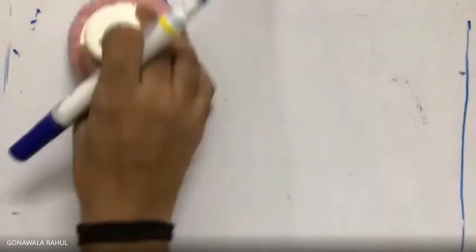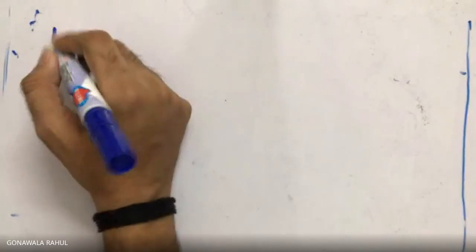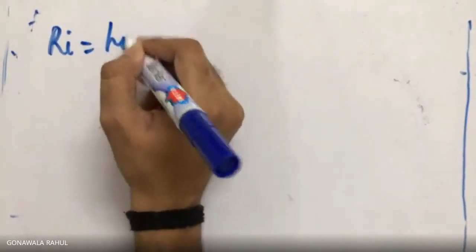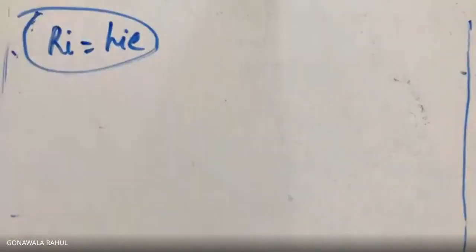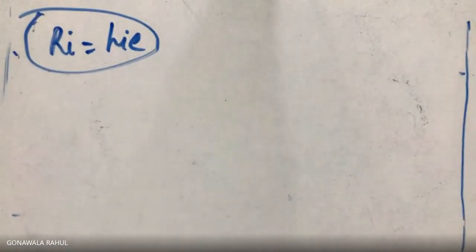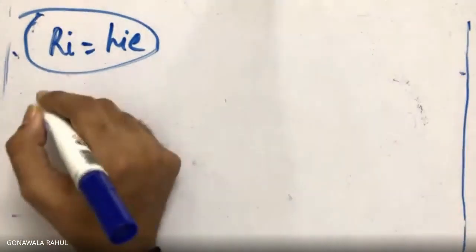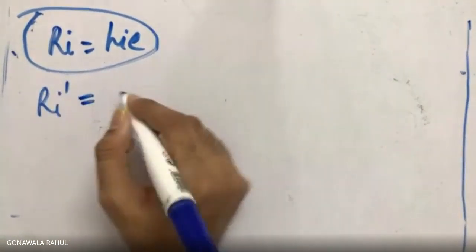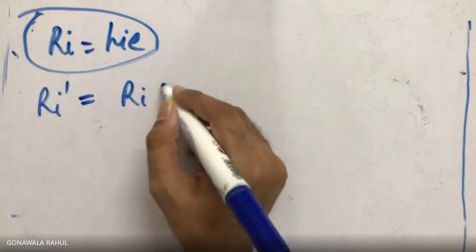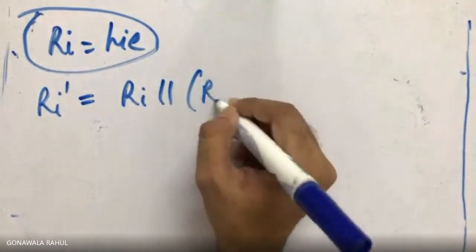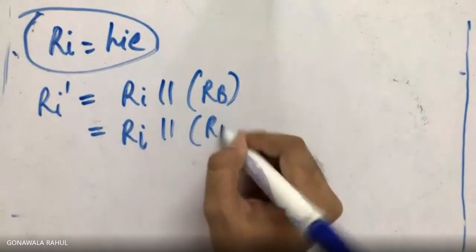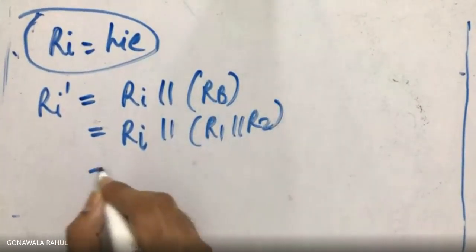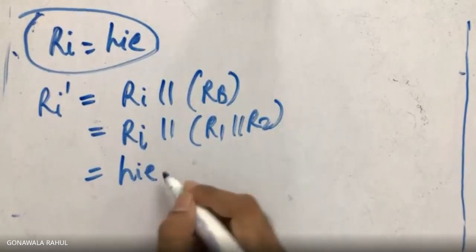Now the next part is input impedance. As I have told you, input impedance Ri is approximately equal to HIE only. So that was our input impedance. But for the entire circuit, the input impedance Ri dash can be found, in which Ri would be in parallel with RB, where RB is R1 parallel R2, and Ri is nothing but HIE.